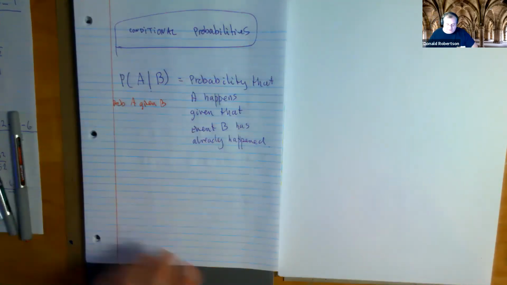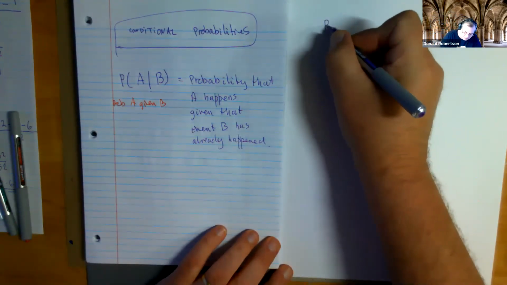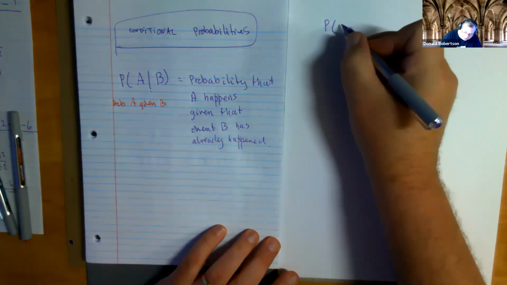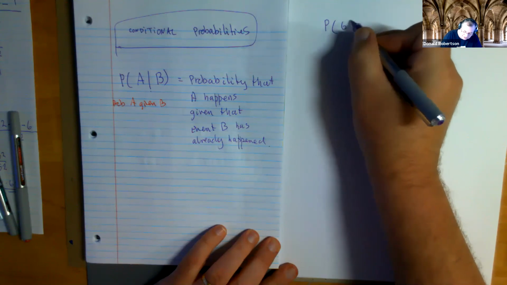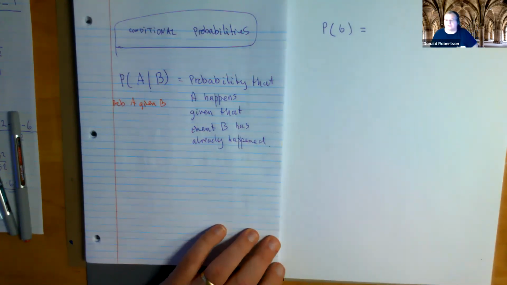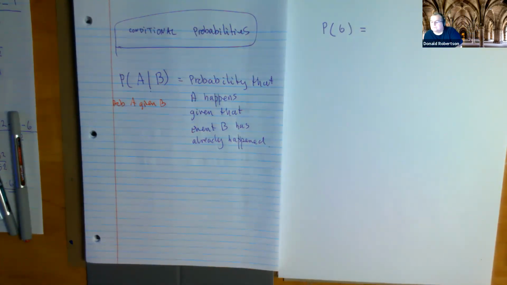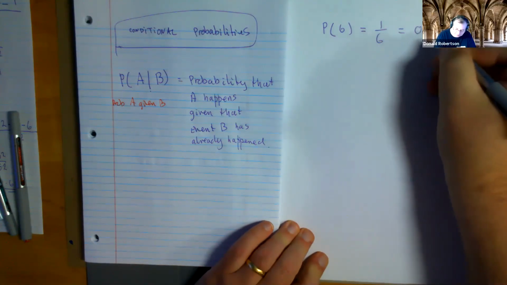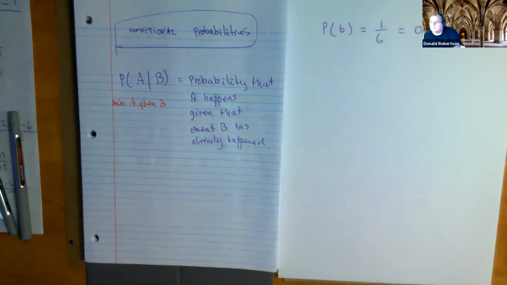Let me show you what that looks like. What's the probability that you get a 6 when you roll a dice? 1 out of 6. Okay, which we round to a decimal, 0.17.